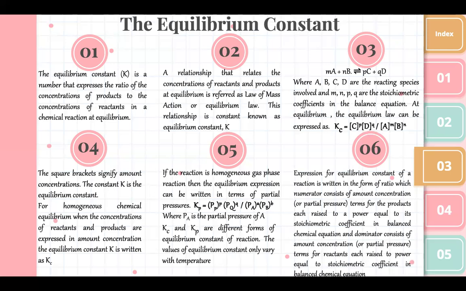Kp equals the pressure of C raised to the power of p, times the pressure of D raised to the power of q, divided by the pressure of A raised to the power of m, times the pressure of B raised to the power of n.